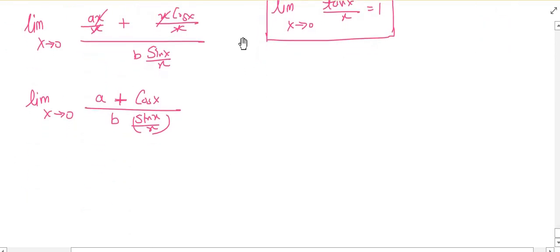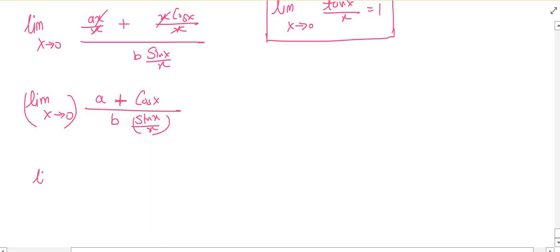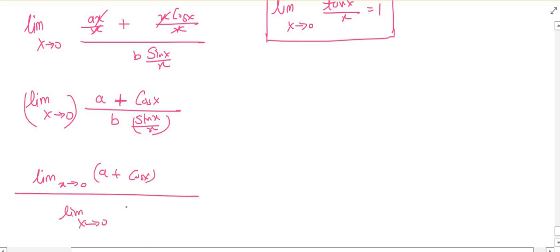Now what can we do? See, the limit goes to both up and down. So it will become limit x going to 0, a plus cos x up, and limit x tending to 0, b sin x by x.